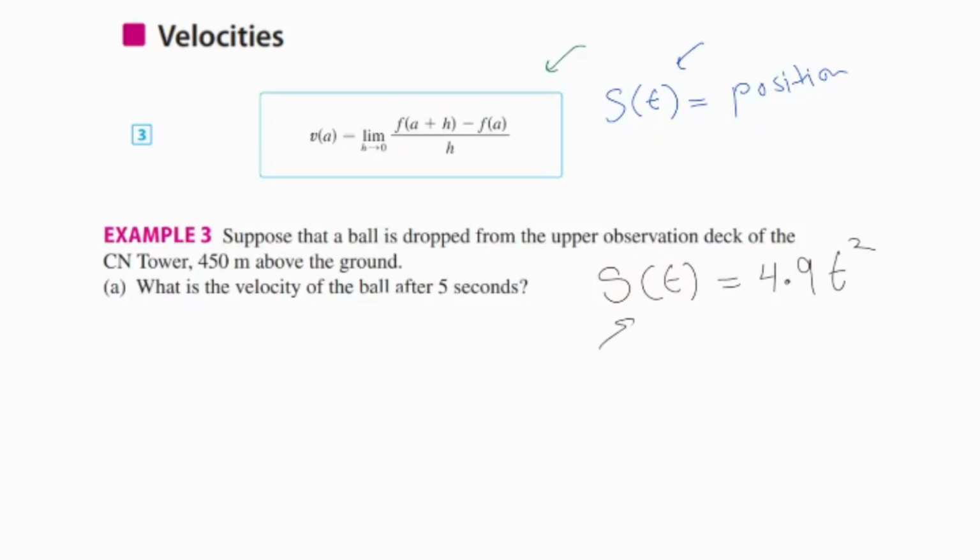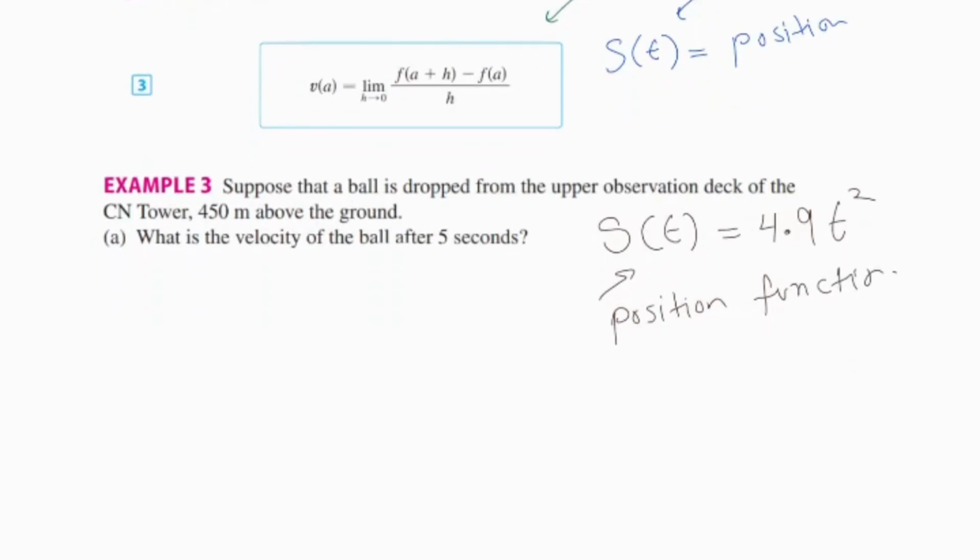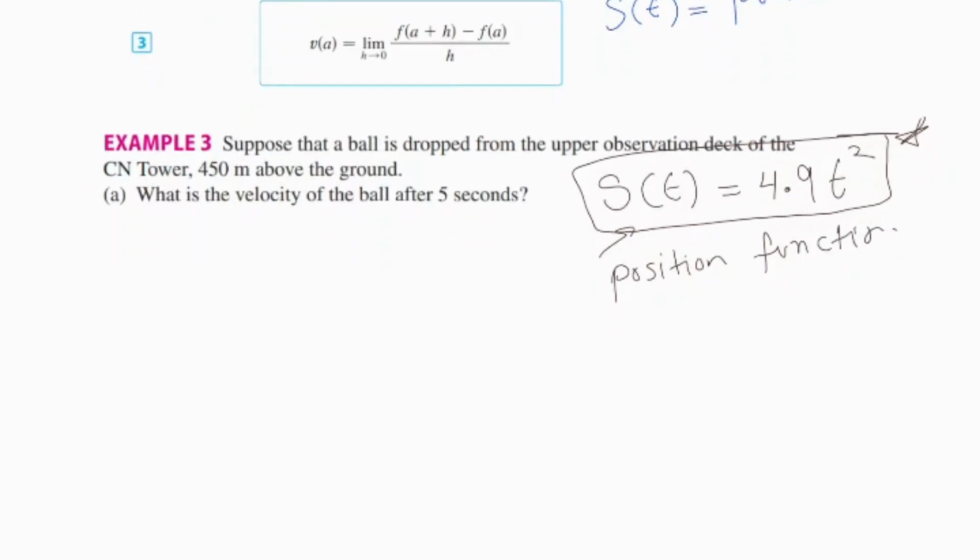This is the position function, which is known. I have the position function, and it's equal to 4.9 t squared.